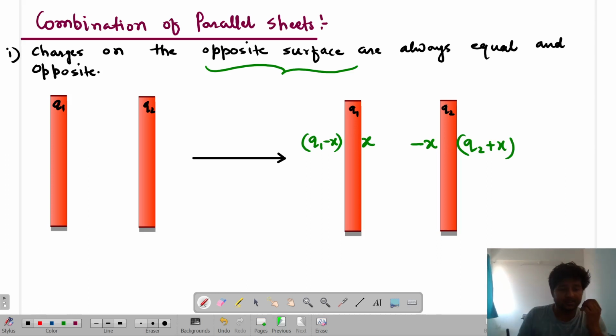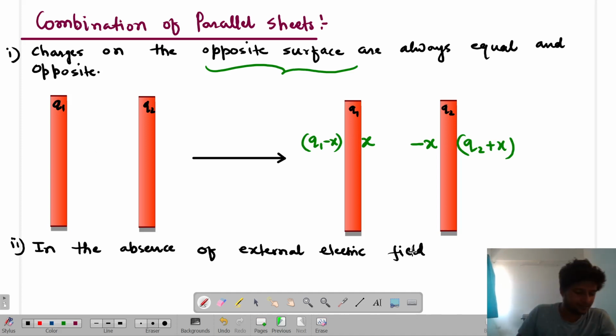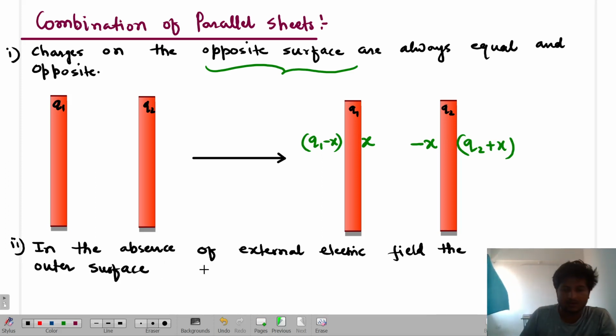And then it is saying that in the absence of external electric field, the outermost surfaces will have equal charges.